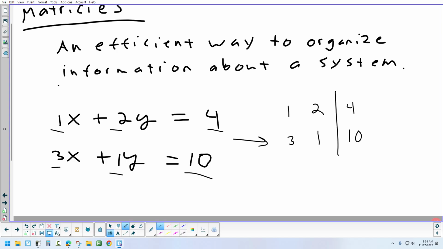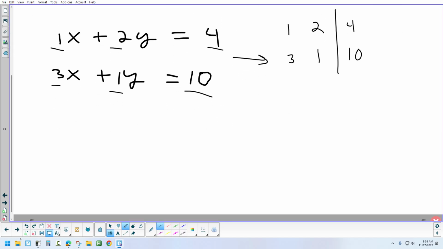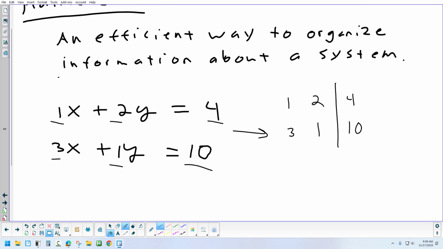I put a vertical line right here. That vertical line represents the other side of the equation. So that way we always keep the numbers that were to the right of the equal sign separate, and we know that they were on the right side. I'm not really going to talk about anything else about a matrix today, but tomorrow, these are the kind of things we're going to be writing down a lot, which will save us some steps.